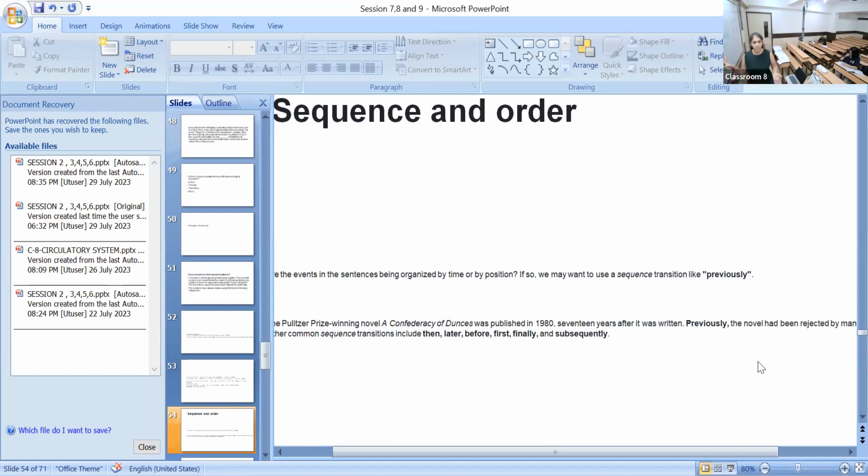Write down the heading sequence transition words. You can use previously, then, later, before, first, finally, subsequently.